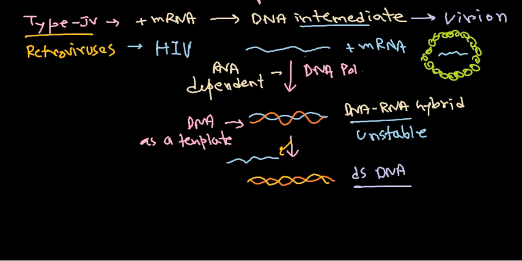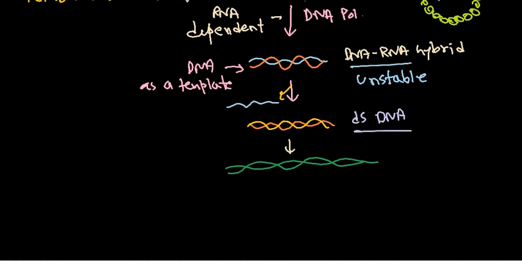So if I draw the host genome, let's say this green region is the host genome at the very beginning. So this is the host genome, double-stranded DNA. Somewhere there they are incorporating this DNA. After the incorporation, you can see the incorporation is done at this place.